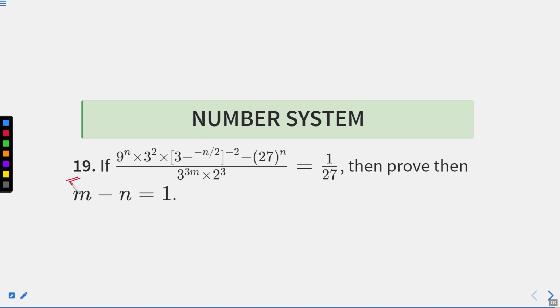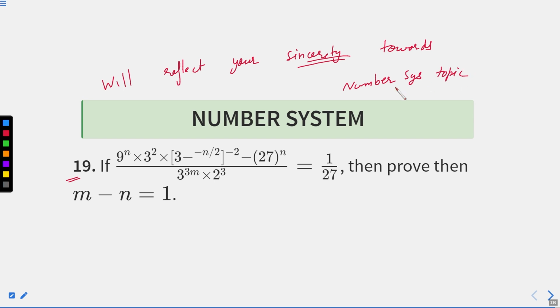This question will reflect your sincerity towards math, or one can say just towards this number system topic.